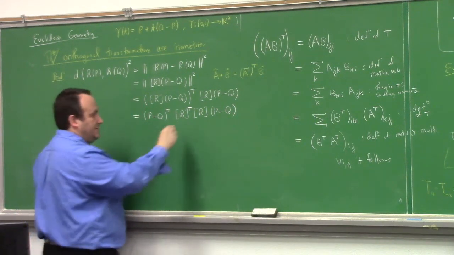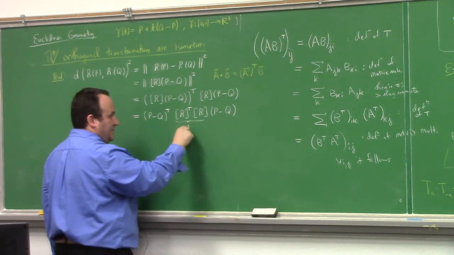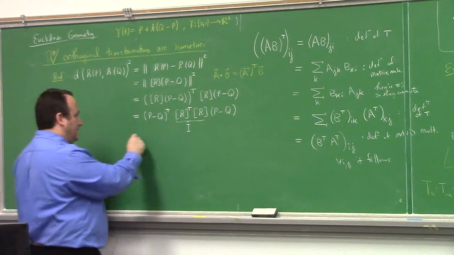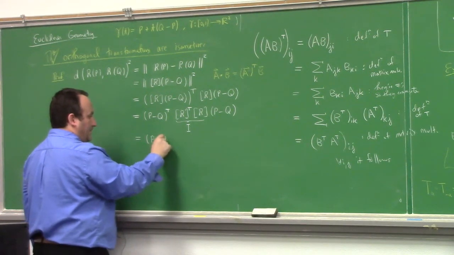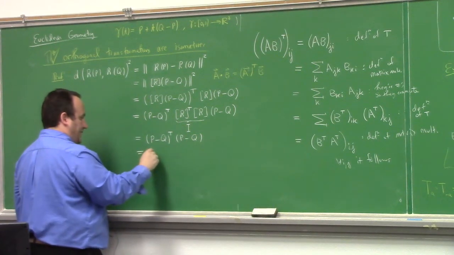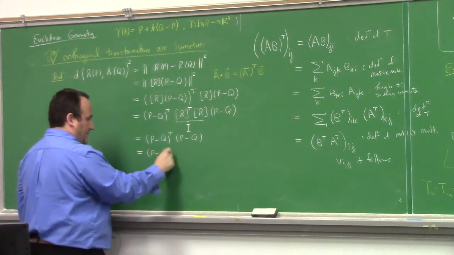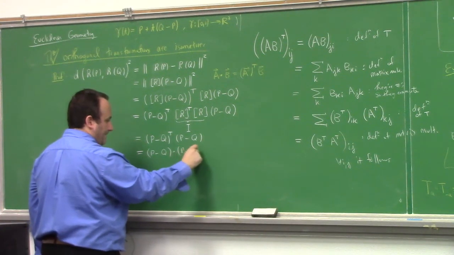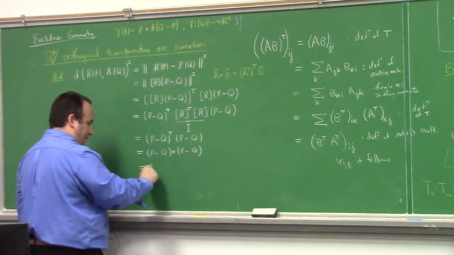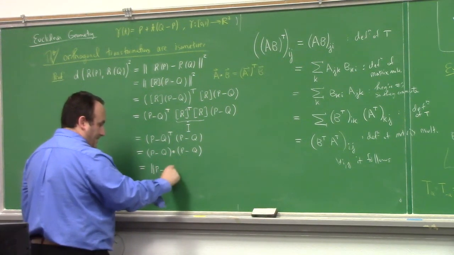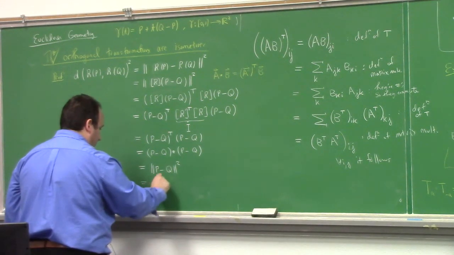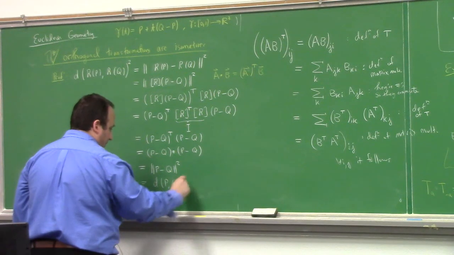Lo and behold, this, by definition of orthogonal matrix, is the identity. And what do we have? We have P minus Q transpose times P minus Q, which you can identify as P minus Q dotted with P minus Q, which is the length of P minus Q squared, which is the distance from P to Q squared.